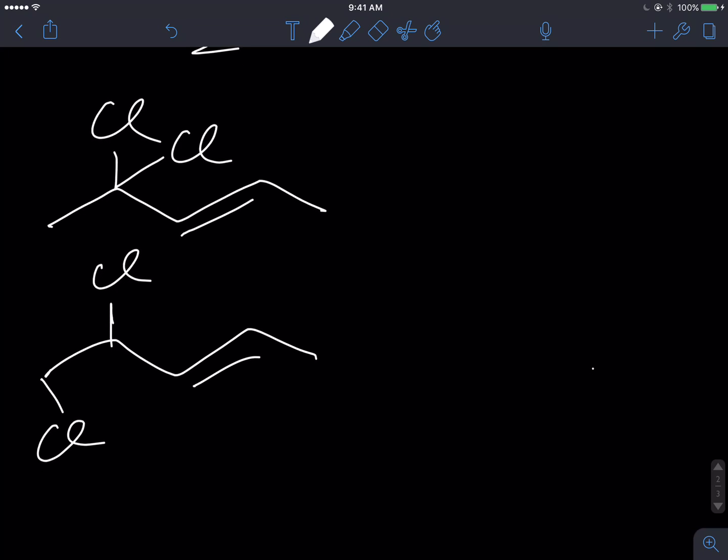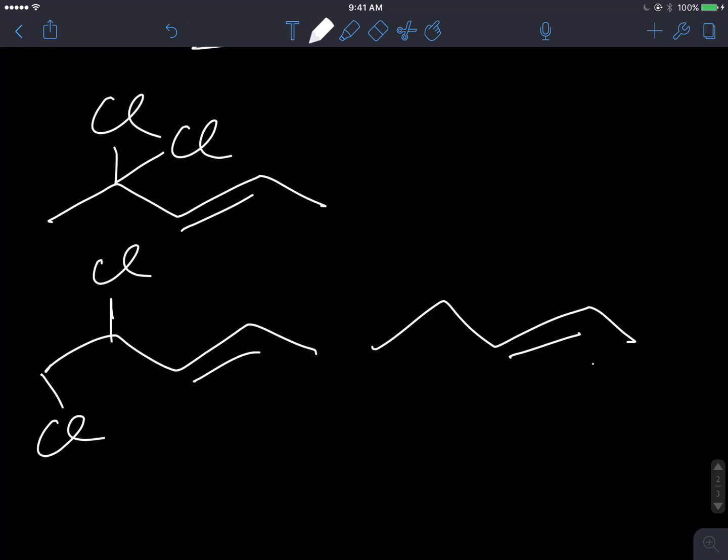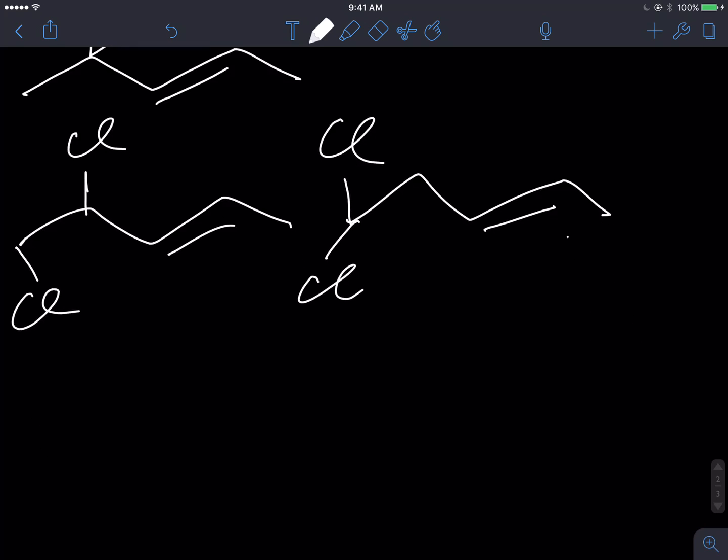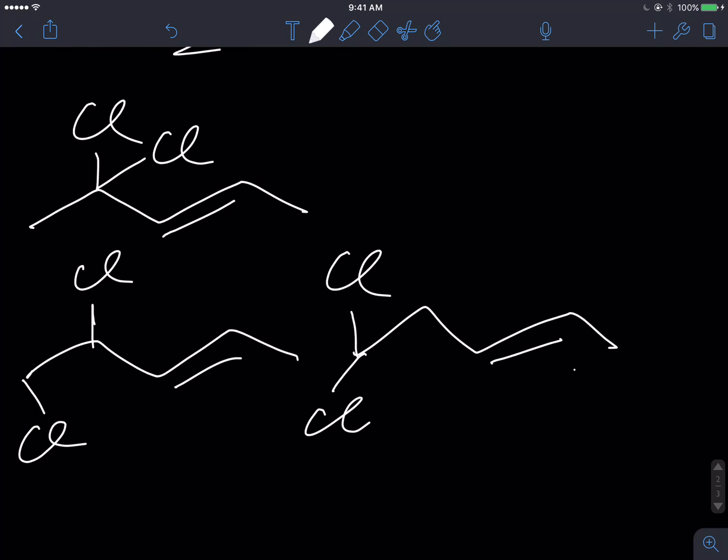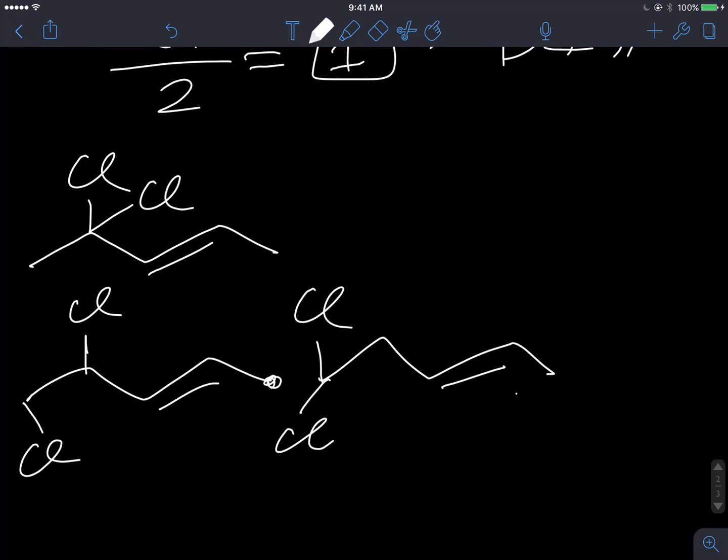move around, and you can move the chlorine over there, over here, and then you move chlorine to over here, it is a lot. And then try other structure, 1, 2, 2, 5 over here, and try to move 2 chlorine over here, chlorine over here, chlorine over here.